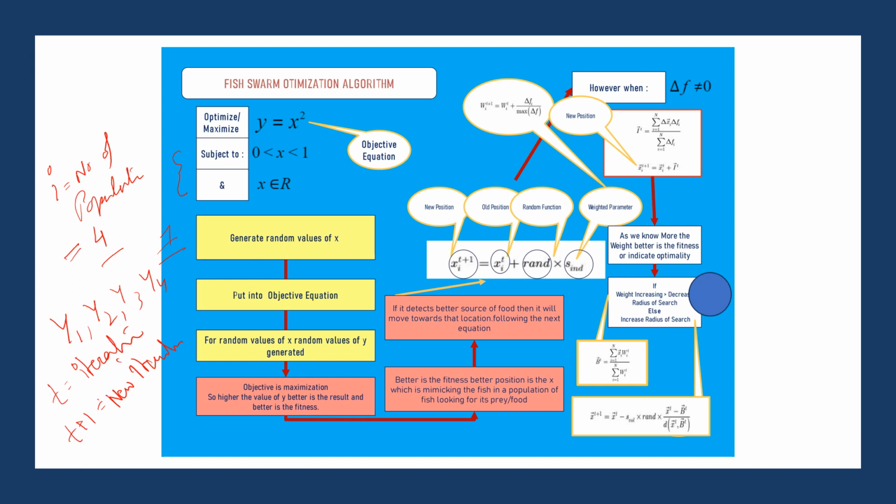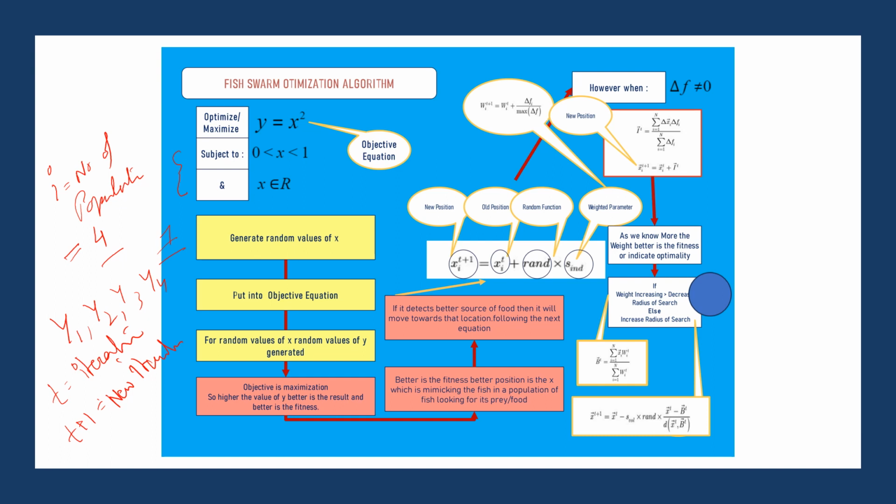Now what is the next step? Now you have 4 values of y, and the more the values of y, better is the objective function.